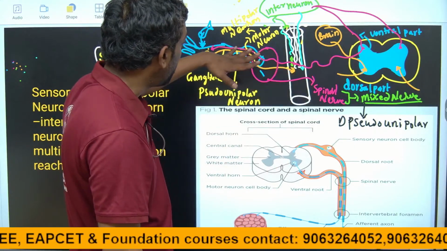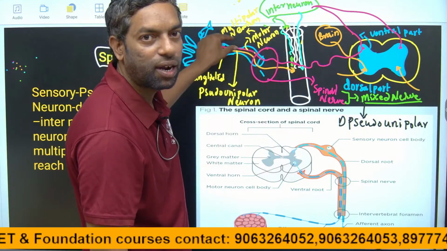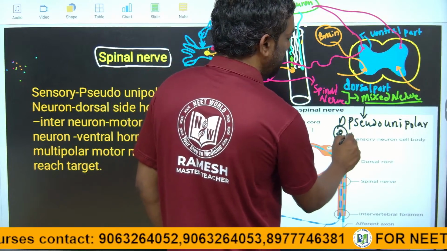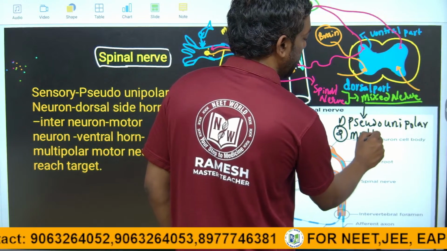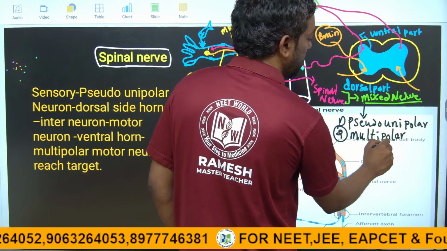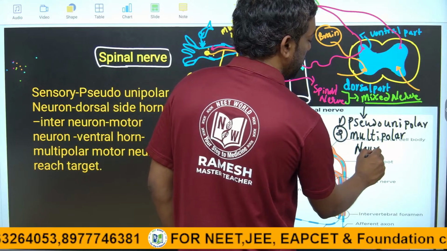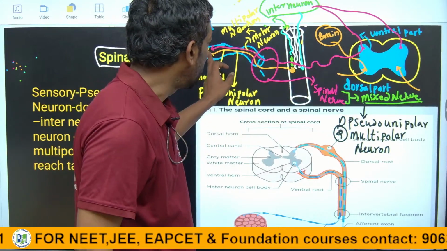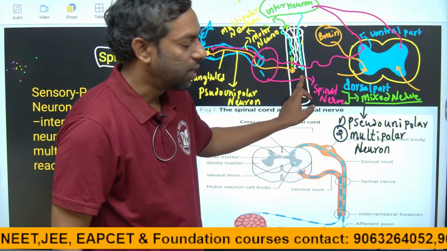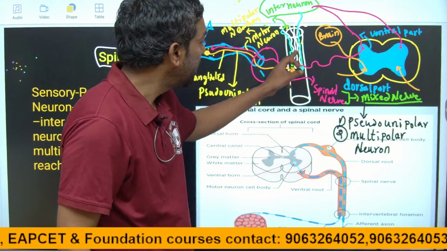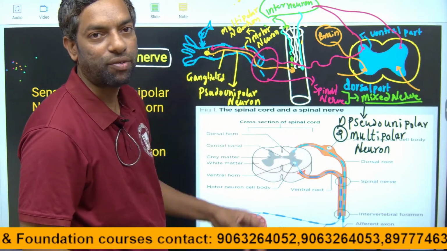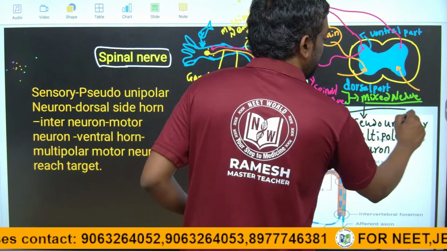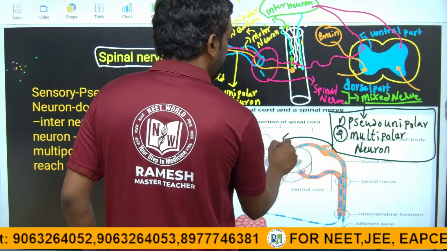The motor neuron, which goes from the brain to the spinal cord to the peripheral nervous system, is a multipolar neuron. So the pseudo unipolar neuron is the sensory neuron which carries information from the peripheral nervous system to the spinal cord, and the multipolar neuron carries information from the spinal cord to the peripheral nervous system. This is called a mixed nerve. So all spinal nerves are mixed nerves.